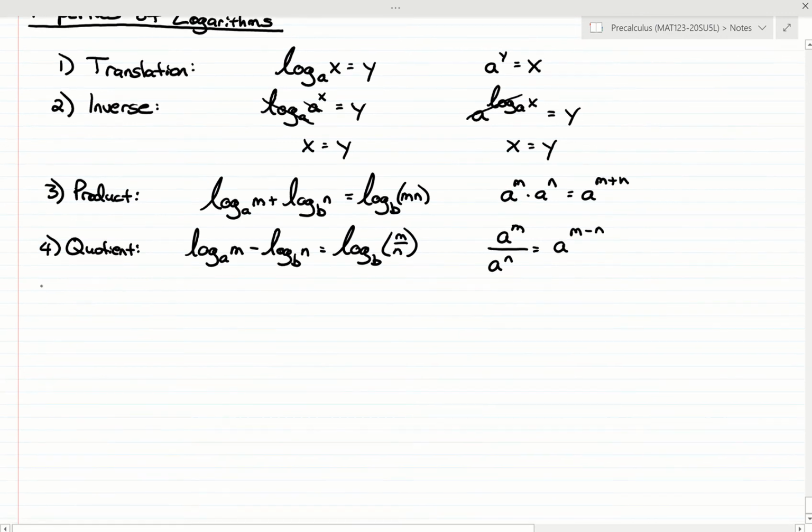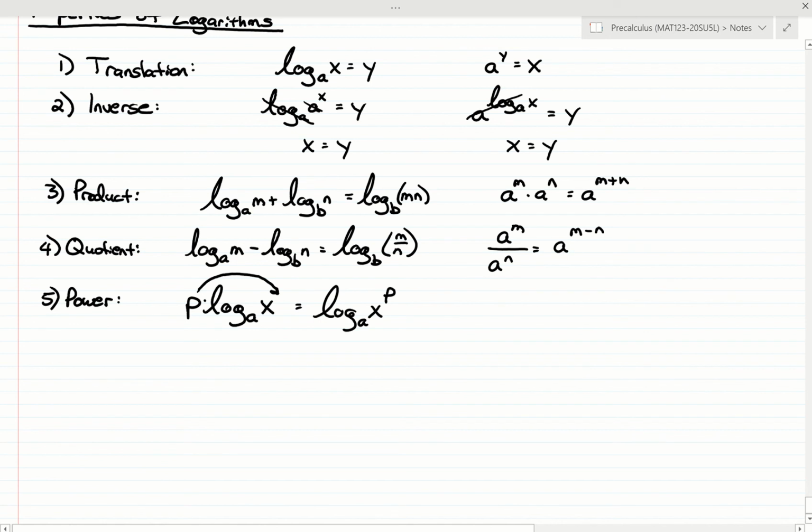And then the last property is the power property. Power property is pretty cool. It shows you that if you're multiplying the outside of a log by a number, you could actually make that into an exponent. Like that.